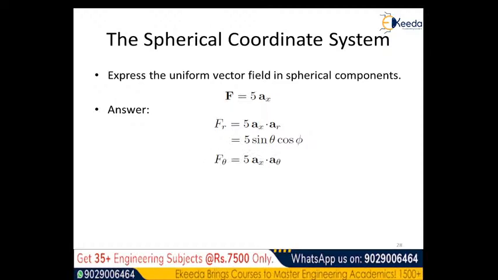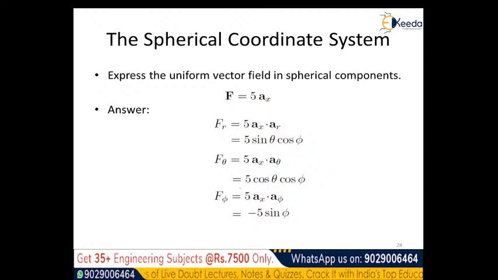In a similar fashion, F theta can be determined by taking capital F, represented in the first equation, dot multiplied with a theta. It results in pi u cosine theta cosine phi. Then F phi is equal to pi u times a x from the first equation dotted with a phi. It comes to the result minus pi u sine phi.